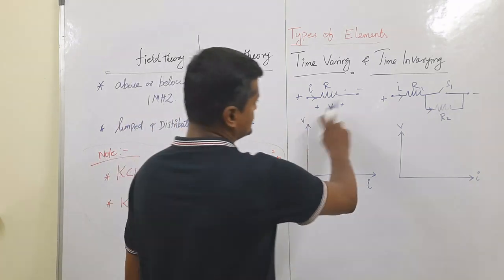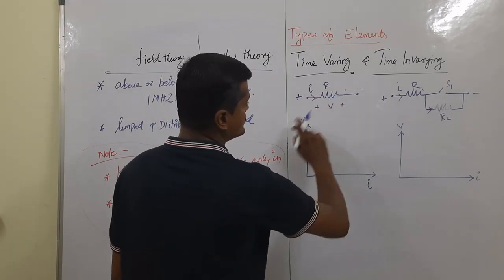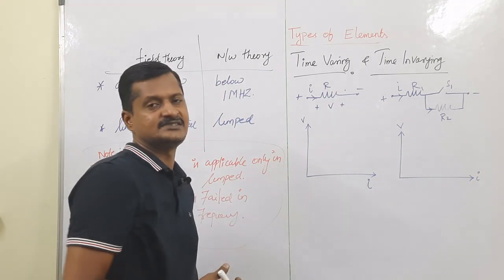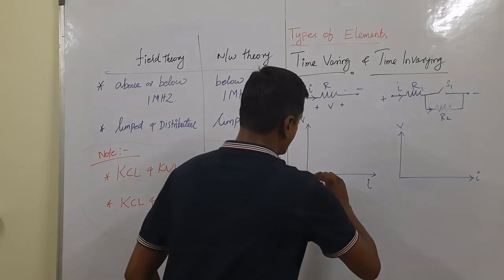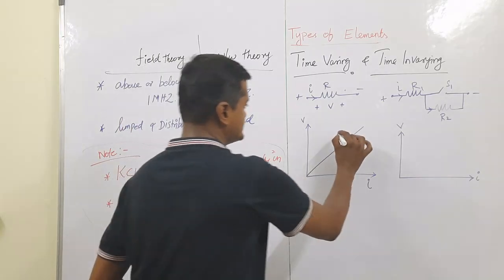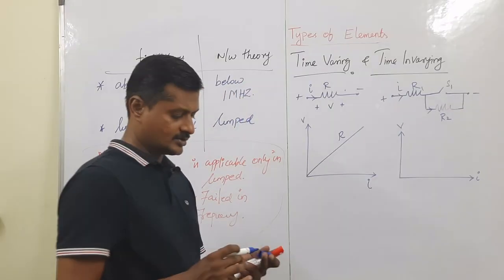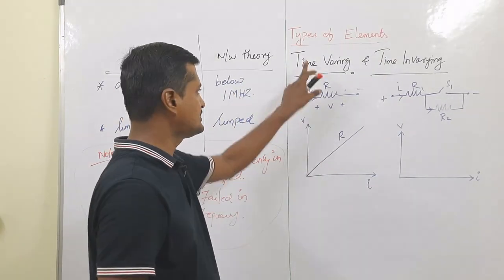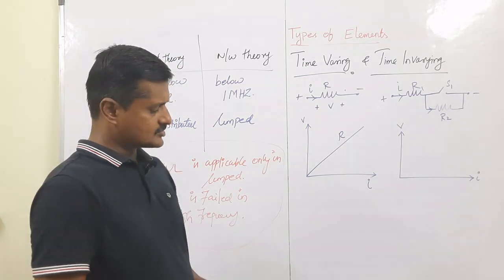Right. So when we give the supply, as we already studied, resistance is a linear element, so the output of the resistor circuit will be like this, with R equal to V by I for the first circuit. Now we are going to analyze the second circuit.